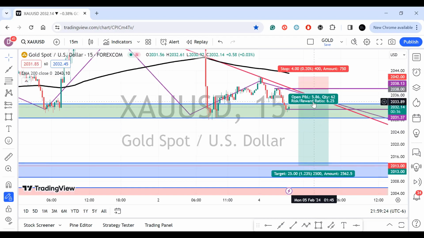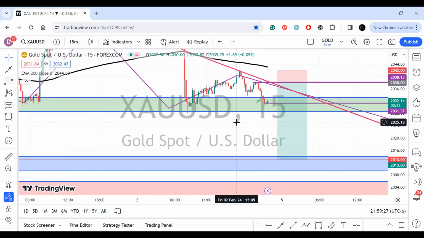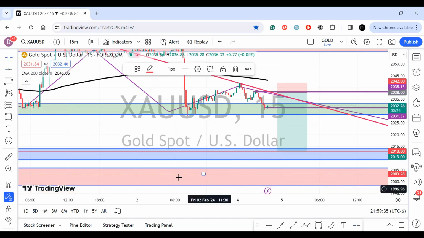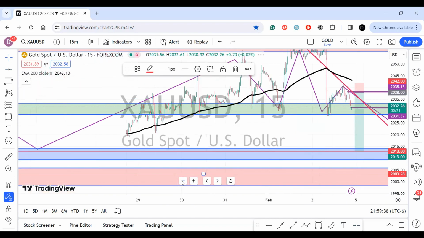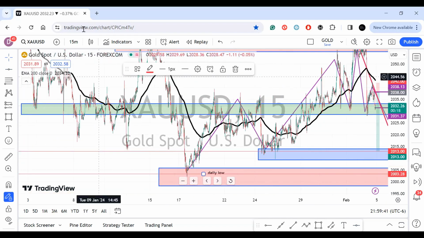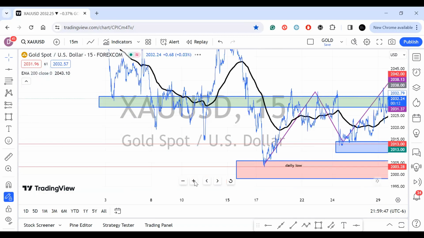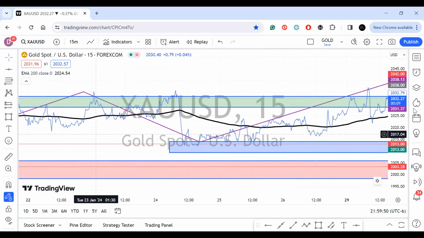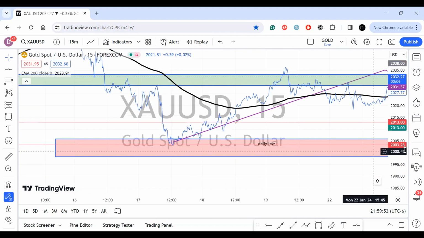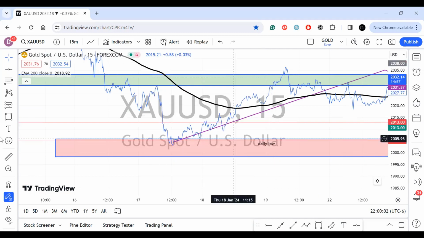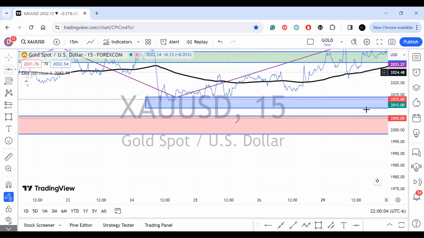Then from this trend line, I will continue to the last sell-off, which is the daily low. The daily low would be right here, somewhere around here. So with 2003, but I can actually make it 2005. I want to make it 2005 just to be on the safer side.